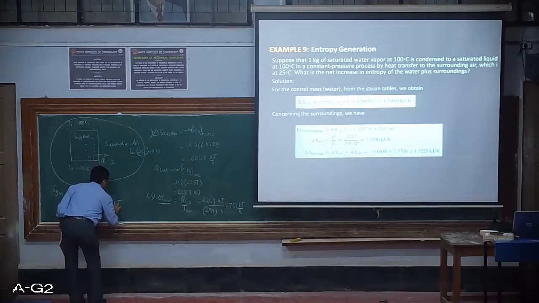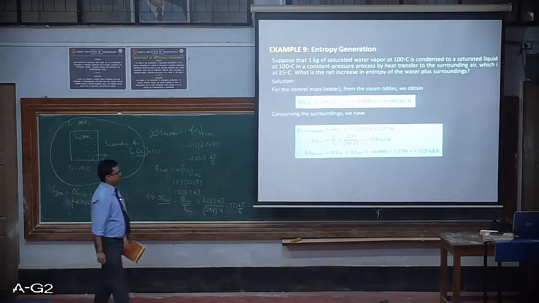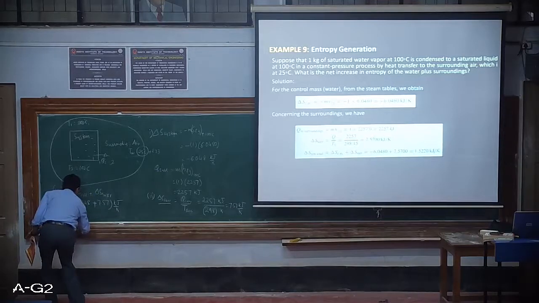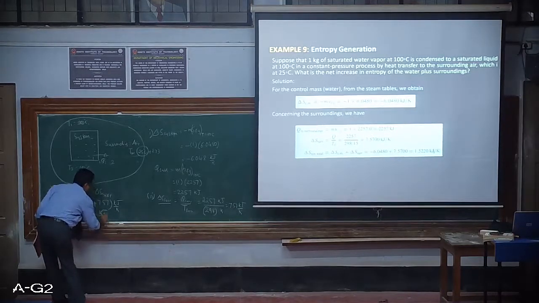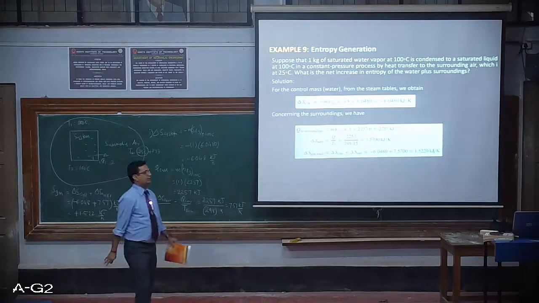The unit is kilojoule per Kelvin. Hence, the final answer is plus 1.522 kilojoule per Kelvin. This much amount of entropy is generated per Kelvin. That is the meaning of that.